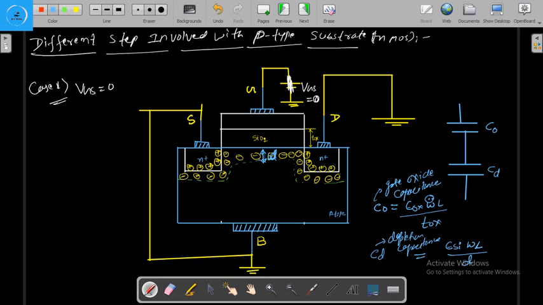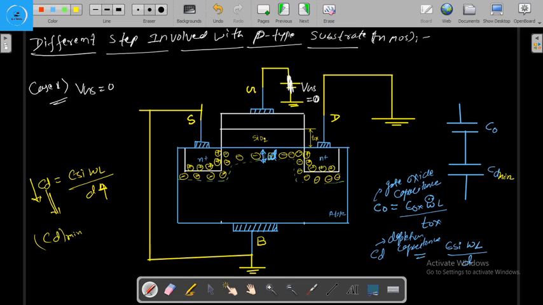Since the width, or thickness, of the depletion region D is maximum in this case, when VGS is equal to 0, CD, the depletion capacitance epsilon SI W L divided by D, will decrease as D increases. Hence this is the minimum depletion region capacitance, so we write CD minimum.